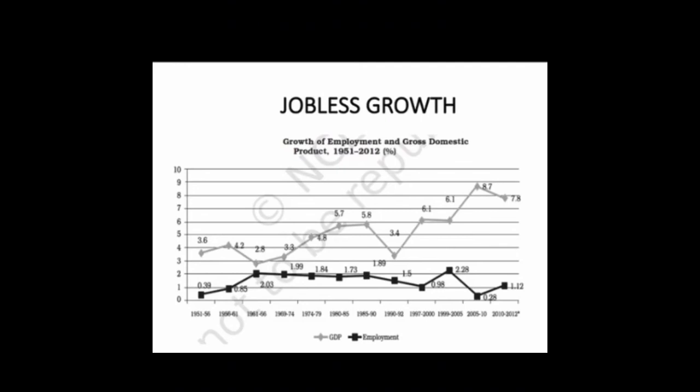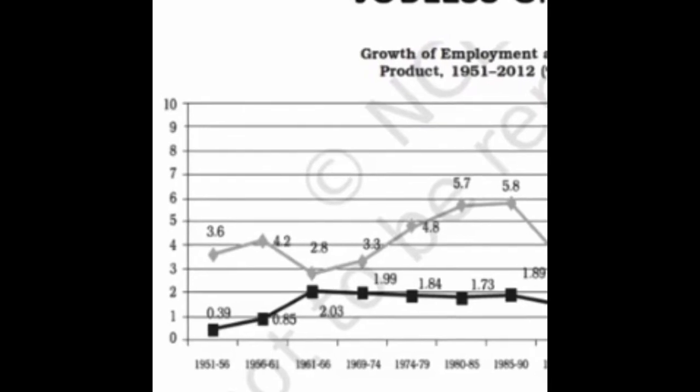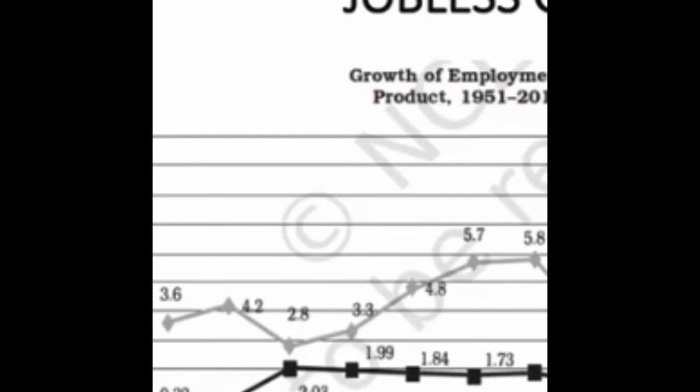We can see that in the beginning, that is in the 1950s, the GDP growth was more than the growth in employment. Slowly, the gap between GDP growth and employment reduced over a period of time, and in 1961 to 66 we see that the growth in employment and the growth in GDP, the gap is very less. If we recollect, this is the time when Green Revolution took place.